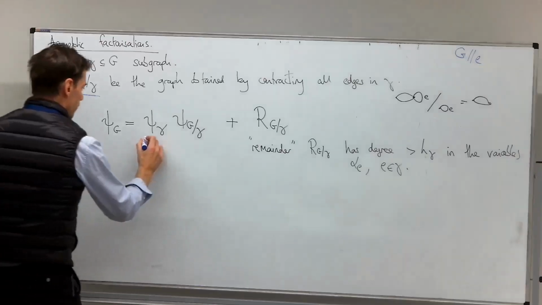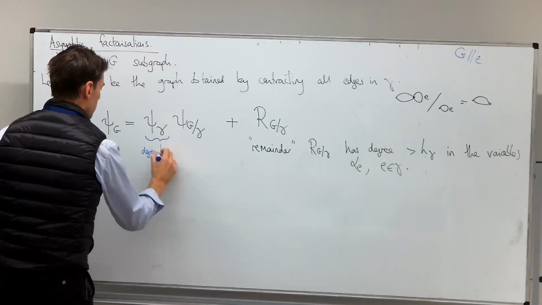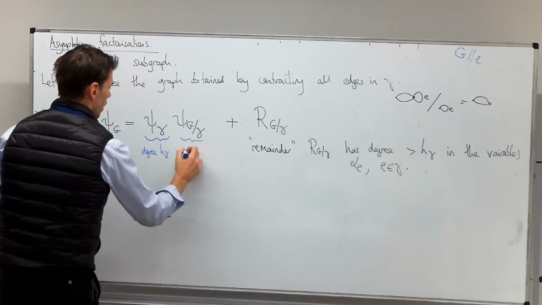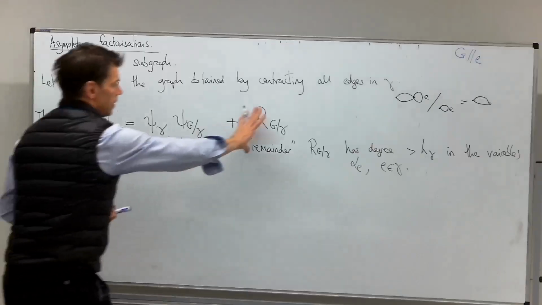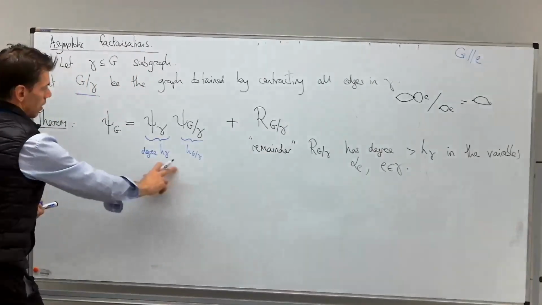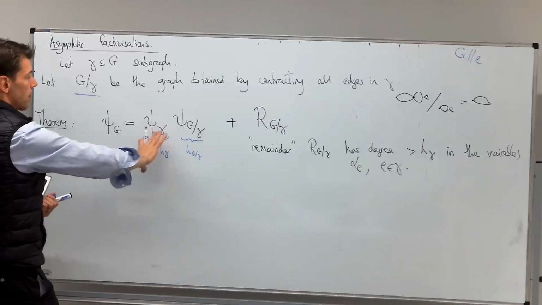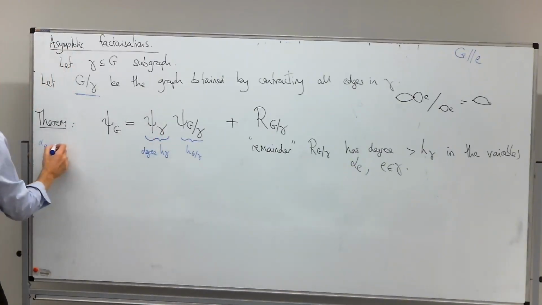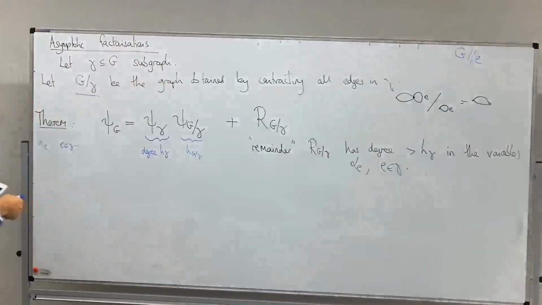This has degree h gamma in some variables. This has degree h G mod gamma in the remaining variables, and these things all have higher degree than this term. So if you do an expansion where you think the alpha e for e in gamma are small, this is the leading term, and then you get higher order terms.